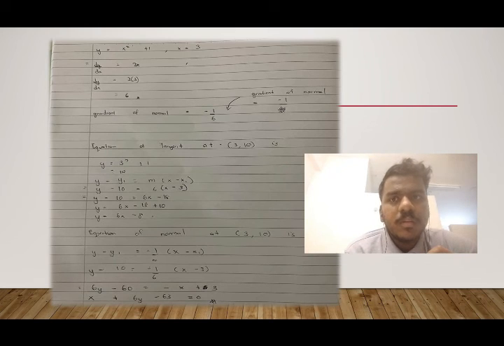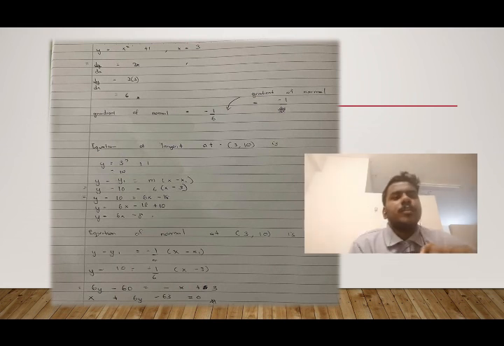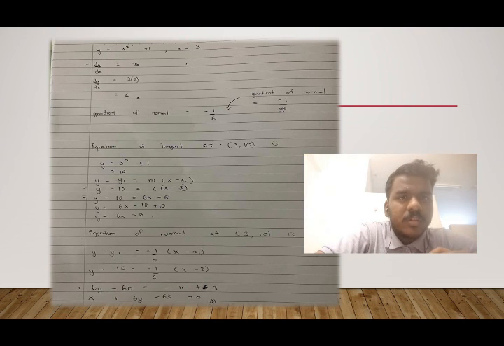So we will get 6y minus 60 equal negative x plus 3. So the final answer will be x plus 6y minus 63 equal to 0, which is the equation of the normal for question 2. So that's all from us.